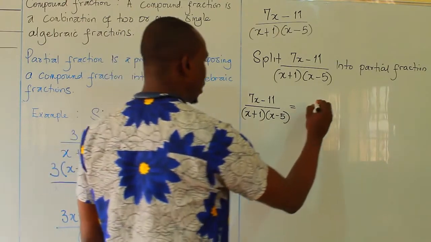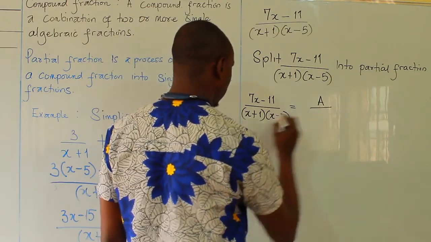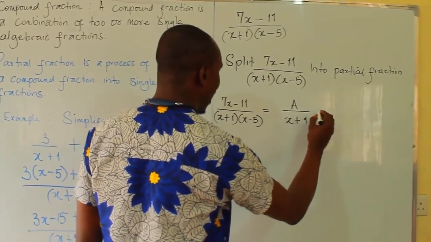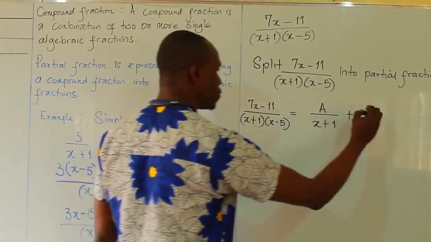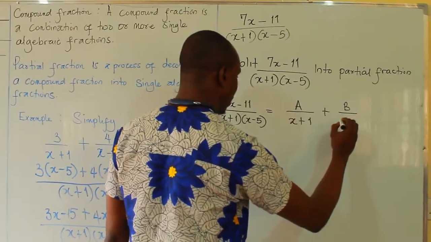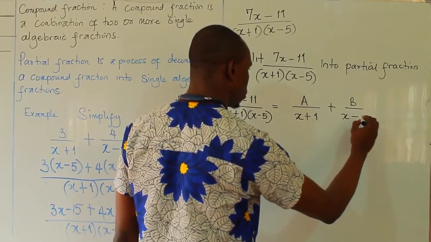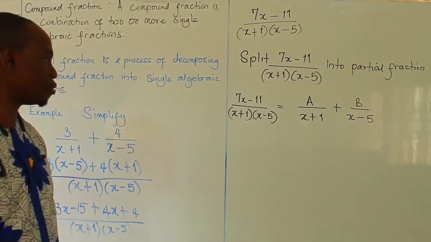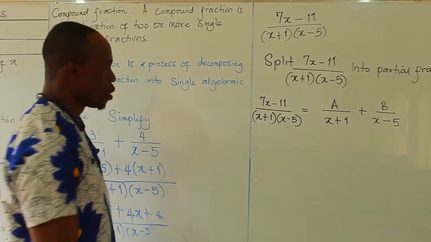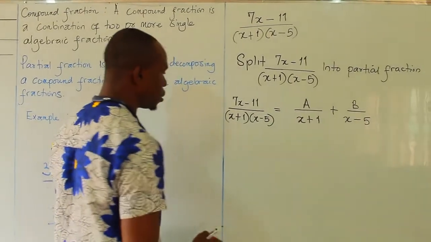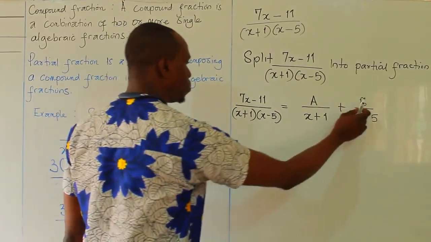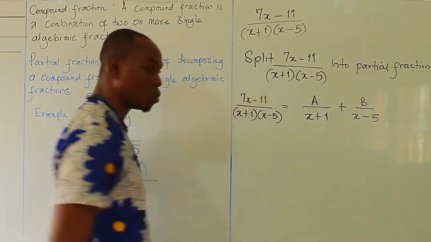I know that a certain value over the first denominator, added to another value over the second denominator, gives the said single compound fraction. Now, to split this, you write a over the first denominator plus b over the second denominator.